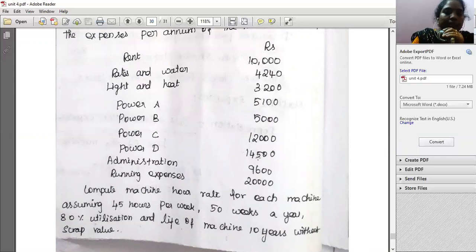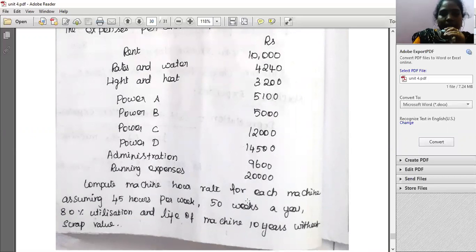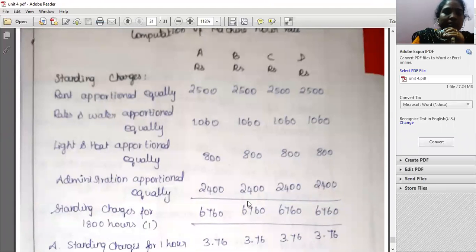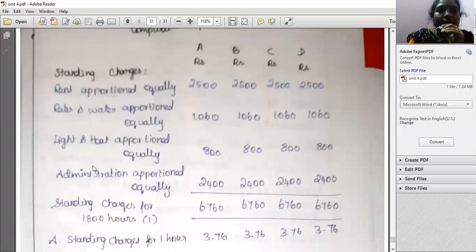Administration and running expenses can be separated. The individual value for the particular machine is put separately. Rent is equally apportioned, rates and water divided by 4, lights and heat apportioned equally, administration equally.